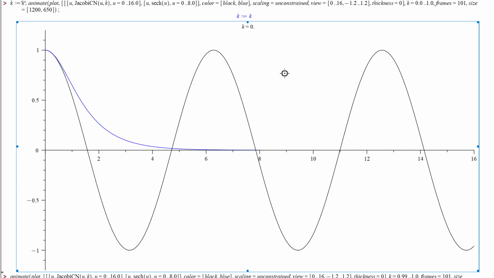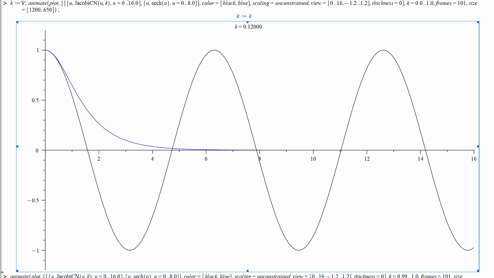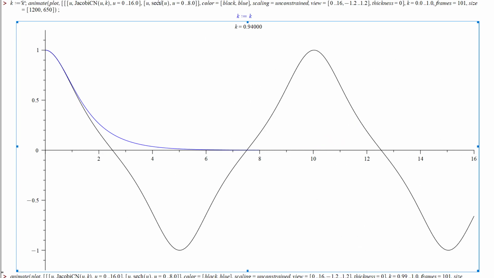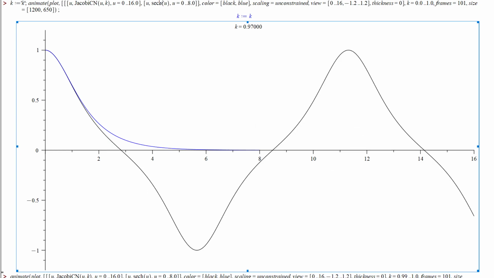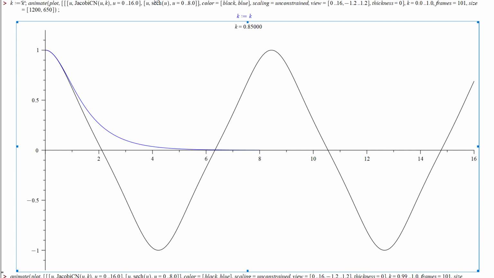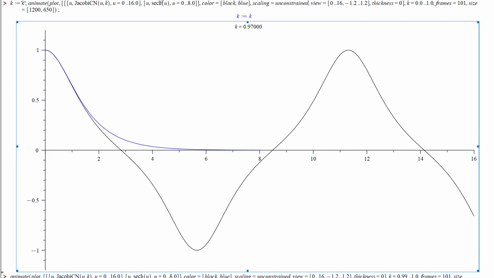It's actually distorted, but this is the graph of the regular cosine curve. You could say u is the horizontal axis, so this is just cosine u when k is 0. But as k increases, it's kind of a slide, and then one thing I noticed, we start getting changes of concavity, which might be interesting.